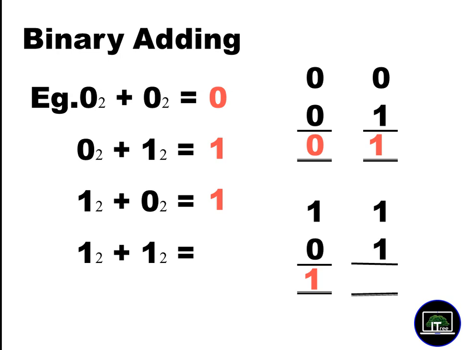No, there is no 2 in binary because binary will have only 0 and 1. So when you say 1 plus 1, it is 2, but you can't write as 2. How do you write 2 in binary? It is 10. In binary, 2 means 10. Remember, keep that. Then we are going to discuss how to do addition with these theories.